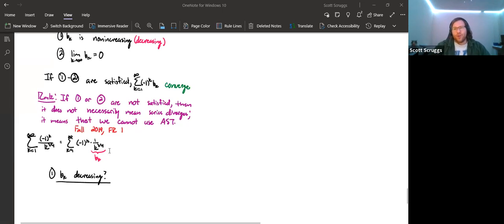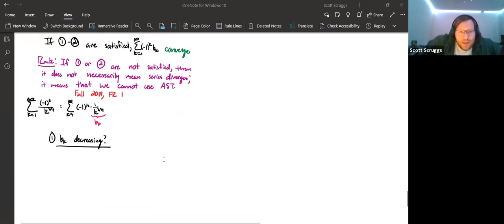First condition I need to show is that 1 over k^(3/4) is decreasing. Now, in general, the way to show b_k is decreasing for the alternating series test is something similar to what we did for the integral test.